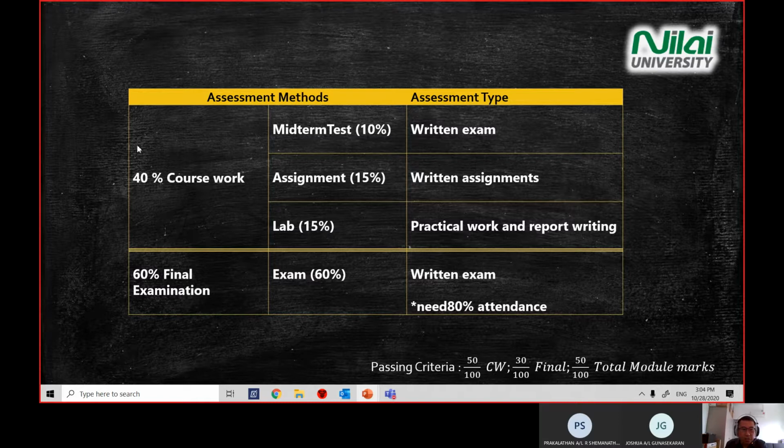Then we will see the total marks for this module, meaning we convert everything to 40 and 60, then add up these two. If the final marks for this module are less than 50, you also fail. So there are a few passing criteria here. If you fail any one, you fail.